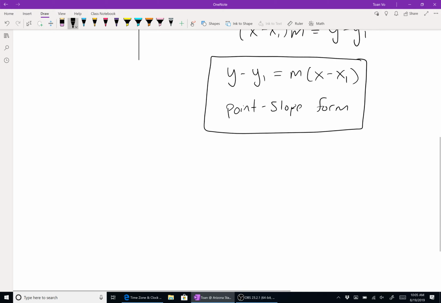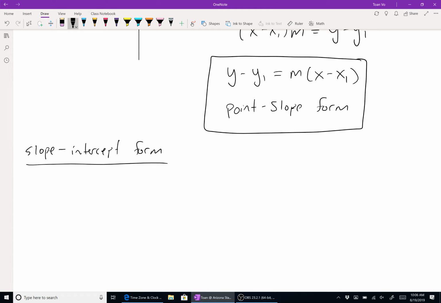That's why most people, when they graph a line, like to use a different variation of this equation called the slope-intercept form. This is sort of the classic automatic response that everyone gives when someone gets asked the question, hey, what's an equation of a line?